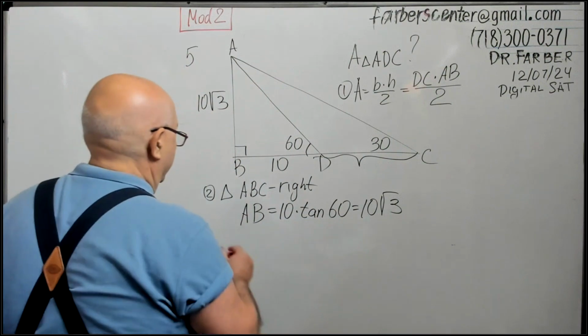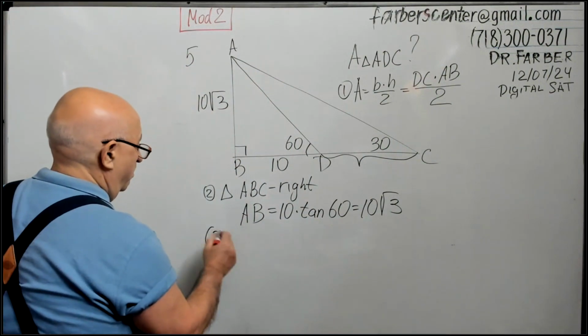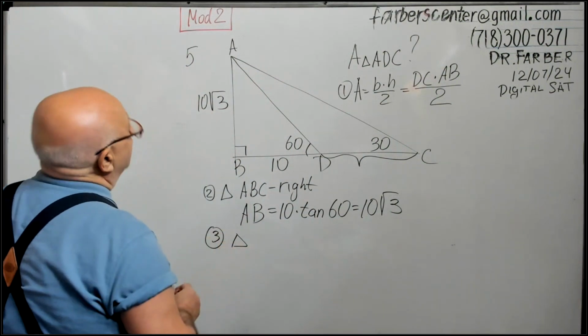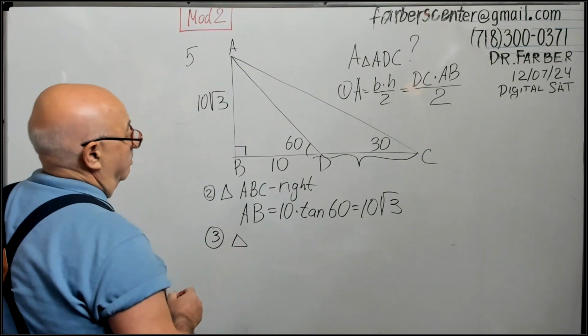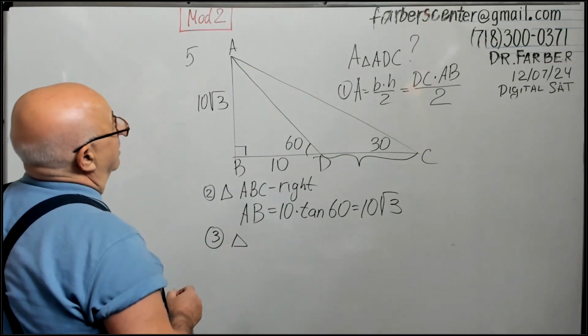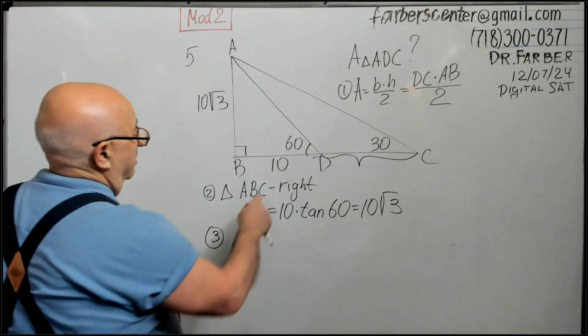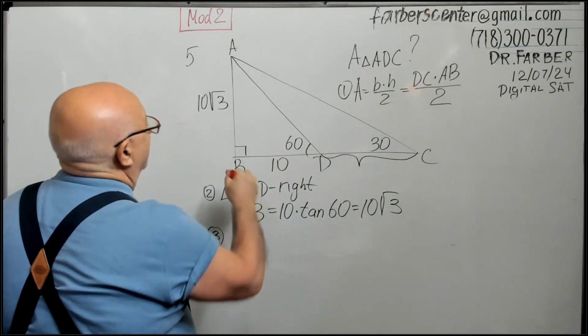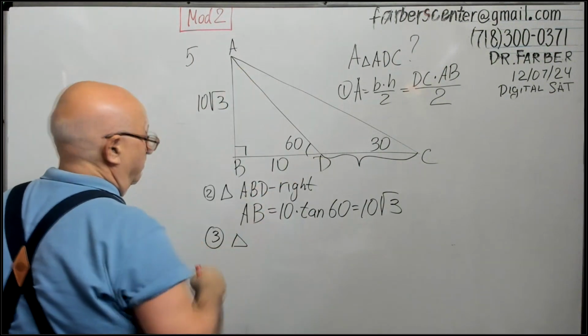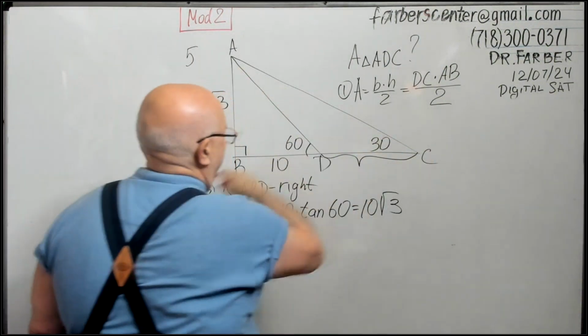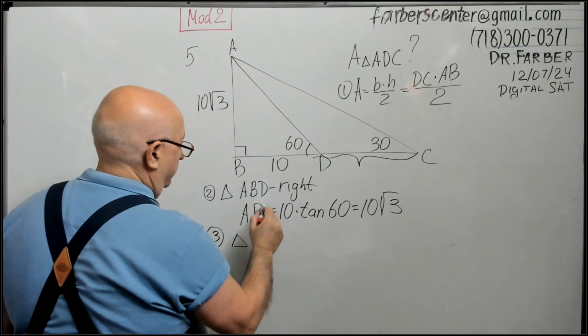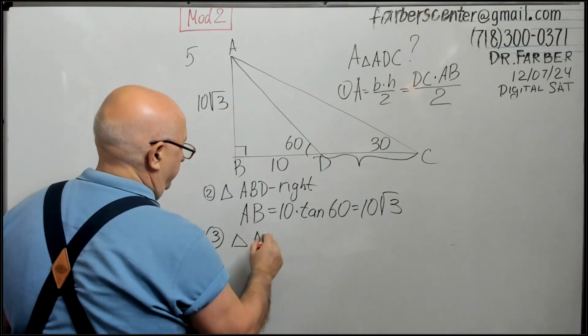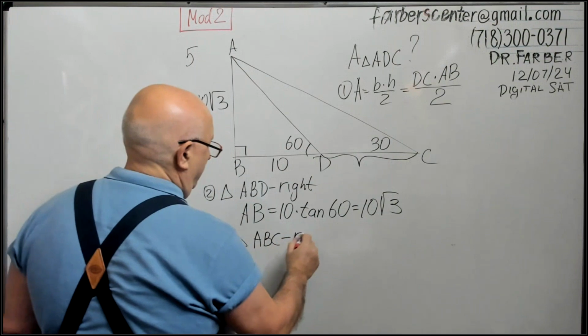Okay. Now, in step number 3, in triangle, it's not ABC, I use ABD. It's also correct, but I'm talking about ABD, this triangle. Now we're talking about this triangle, ABC. ABC is also right triangle.